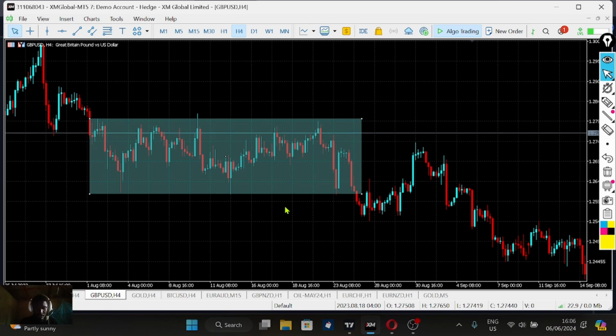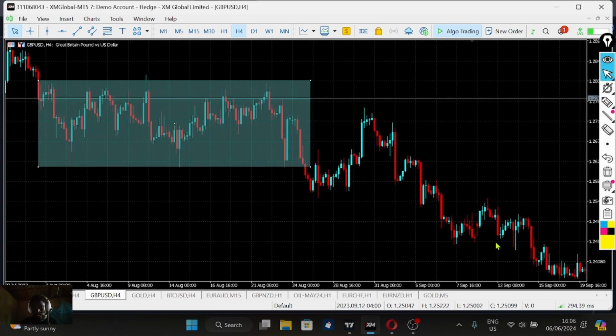This means the market was accumulating orders, or sellers, because the market was going down, were taking their profit. That's why we had a consolidation over there. Now, after a consolidation, the market finds another trend, and you can see after this consolidation, the market went down. The market continued the downtrend.